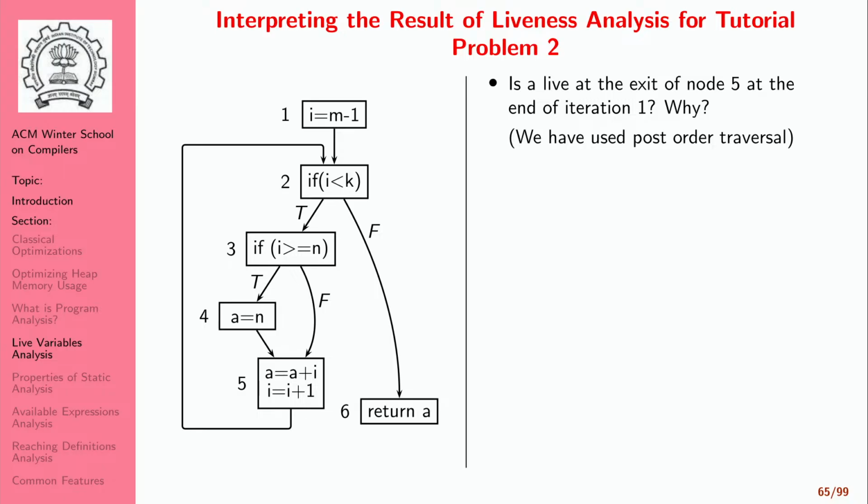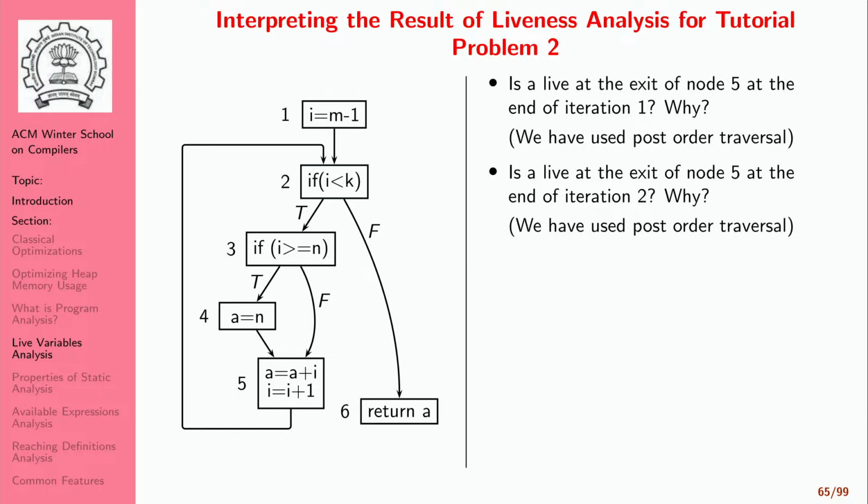I'm not asking about the final result. In the first iteration, you compute out of 5 from in of 2. What is in of 2 in the first iteration? Empty. So therefore the answer is A is not live.